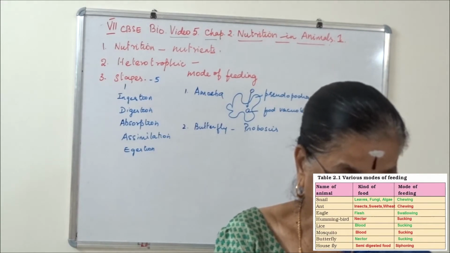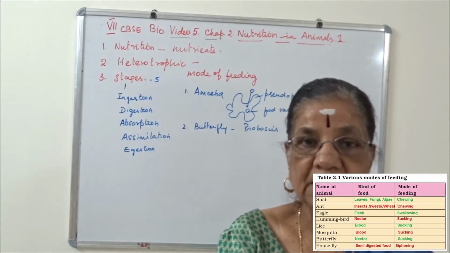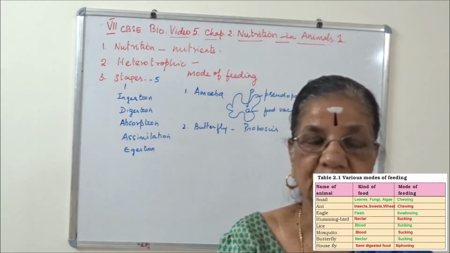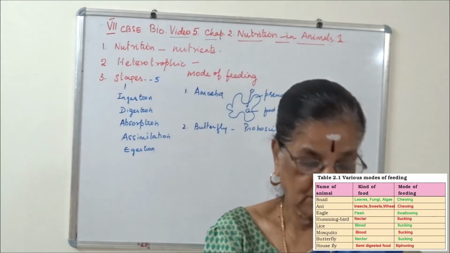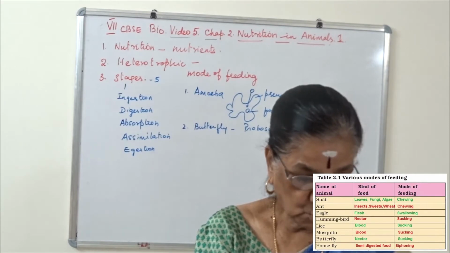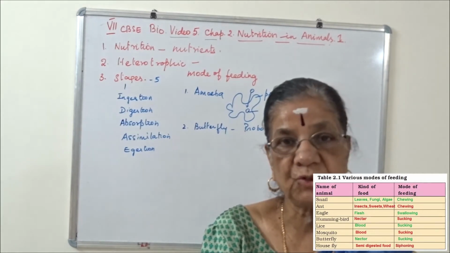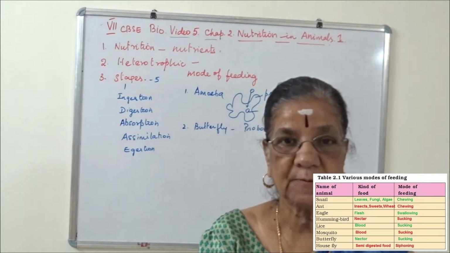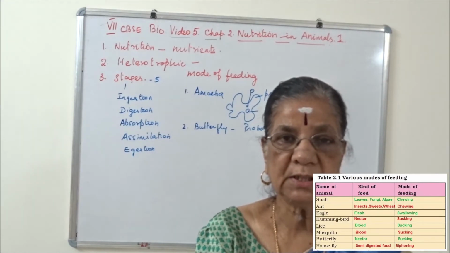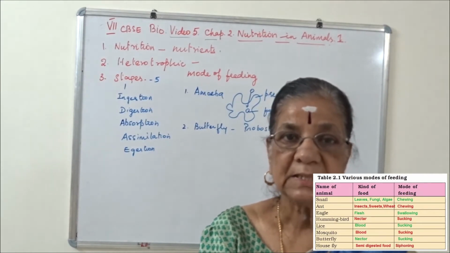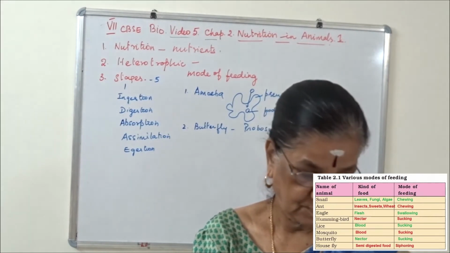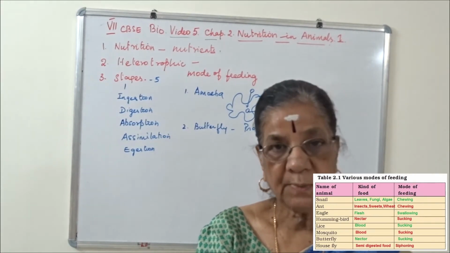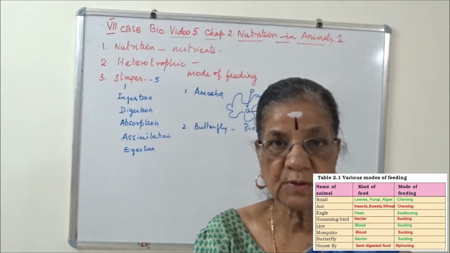And the eagle: lower animals and small birds. The mode of feeding is capturing and swallowing. Are you doing? Hummingbird is given in our textbook.